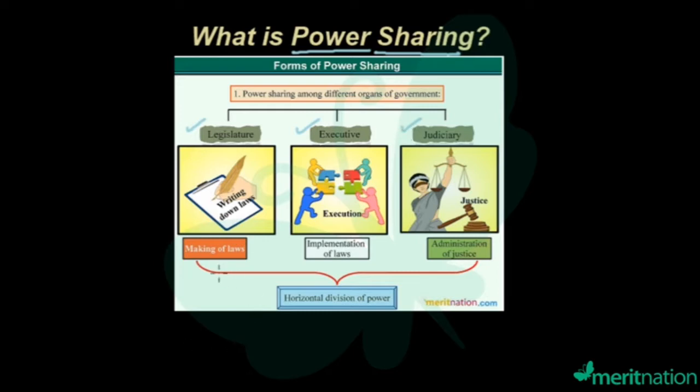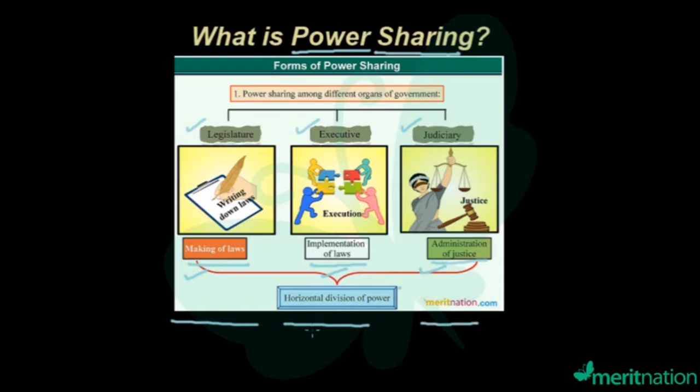The legislature is the lawmaking body, the executive is responsible for the implementation of laws, and the judiciary is for the administration of justice. They share their individual responsibility of doing their roles.